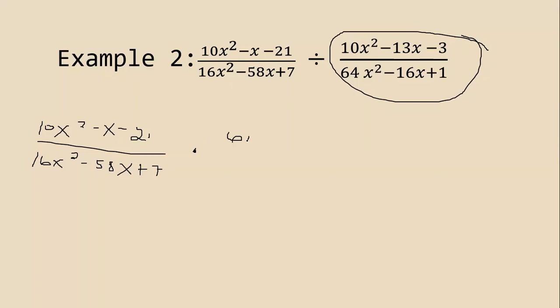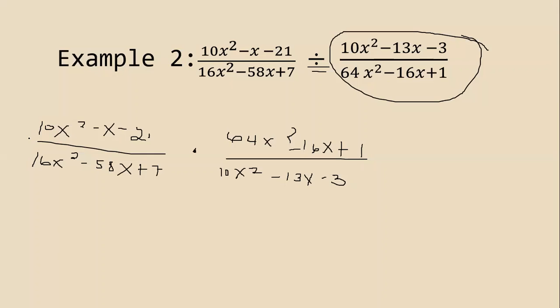So ang 64x squared minus 16x plus 1 ang siyang magiging numerator natin. And then yung 10x squared naman, yun na po ang magiging denominator natin. Kasi po, reciprocal or flip po yung fraction after the operation sign division.